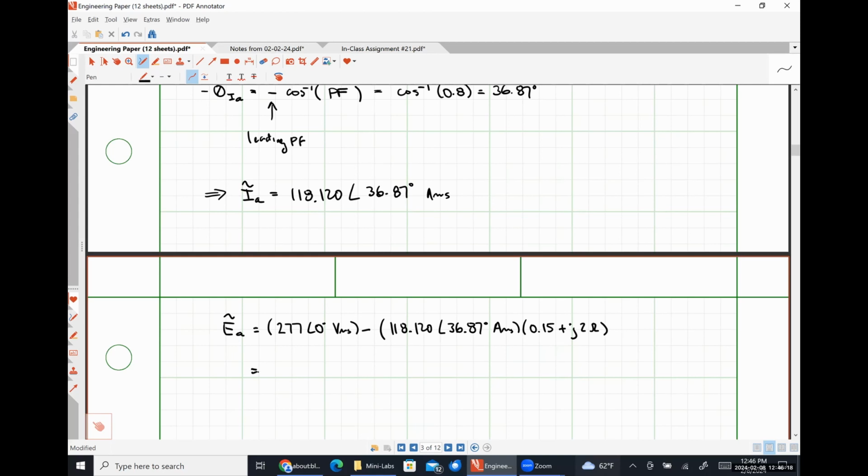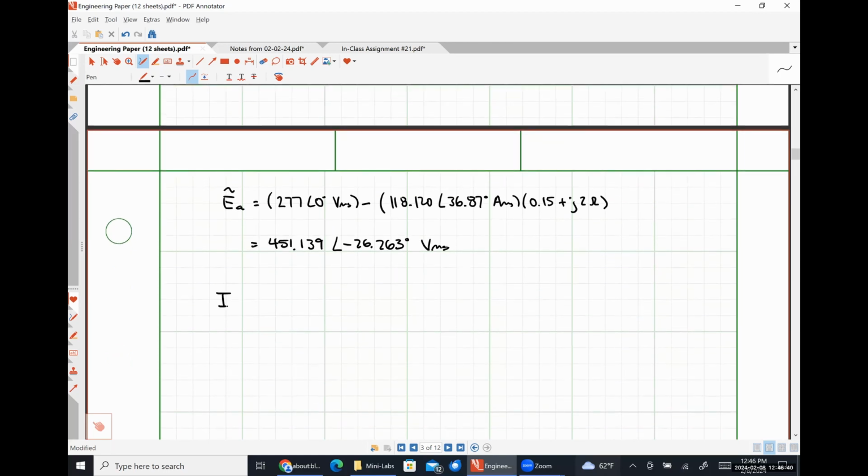And this comes out to be 451.139 with an angle of negative 26.263 degrees volts RMS.